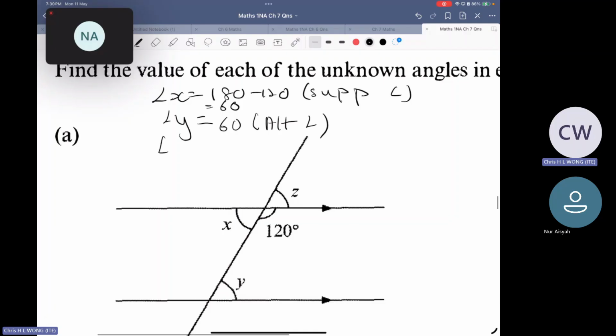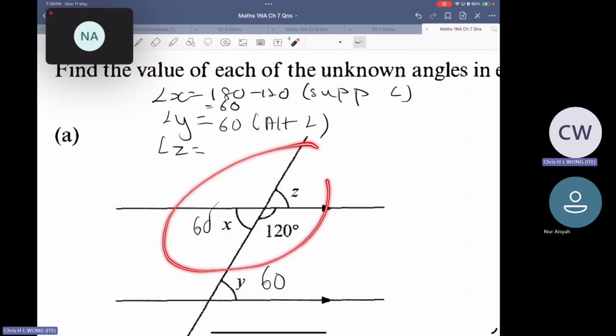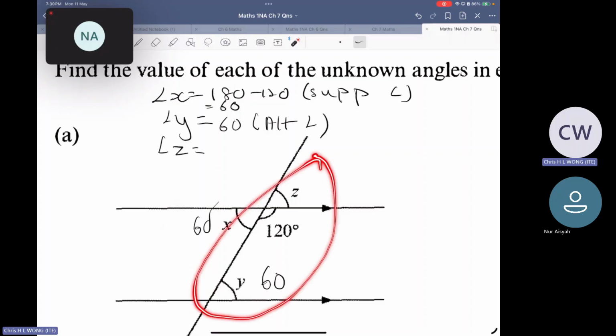Z. This is 60. What is that? Vertically opposite. Oh, yeah, you're right, because this is 60. Vertically opposite angle. I was actually looking at corresponding angle. You can also do that, either corresponding angle or vertically opposite angle.